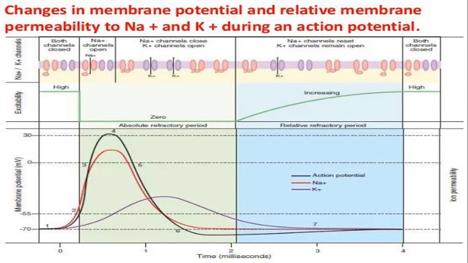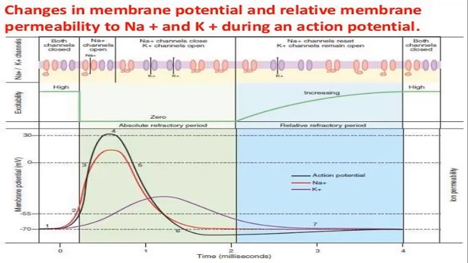A decrease in extracellular calcium concentration increases the excitability of the nerve and muscle cells by decreasing the amount of depolarization necessary to initiate the changes in the sodium and potassium conductance that produce the action potential.